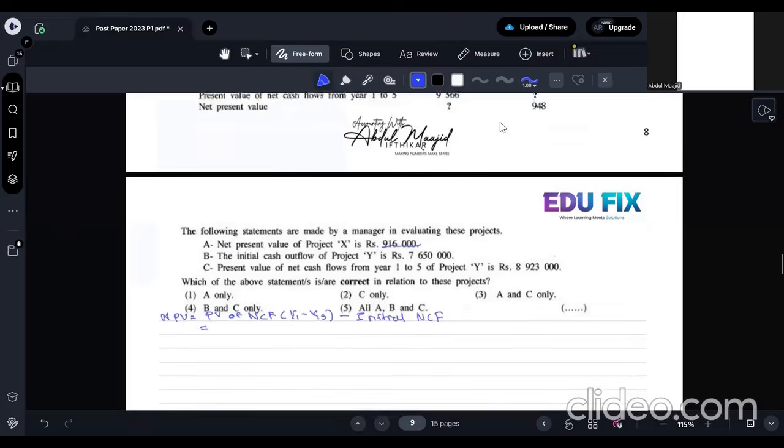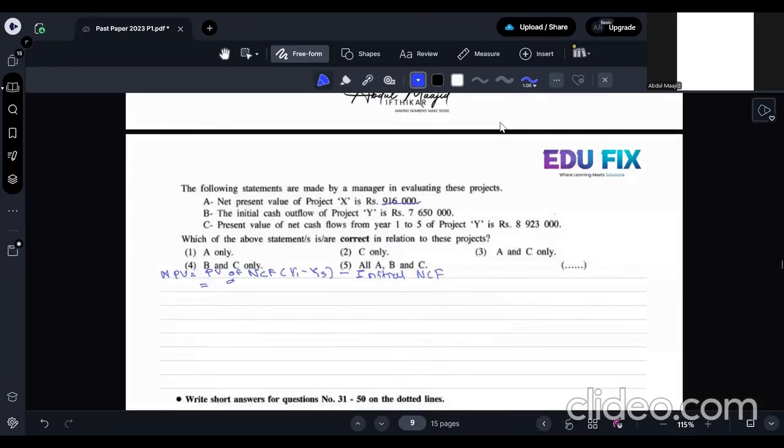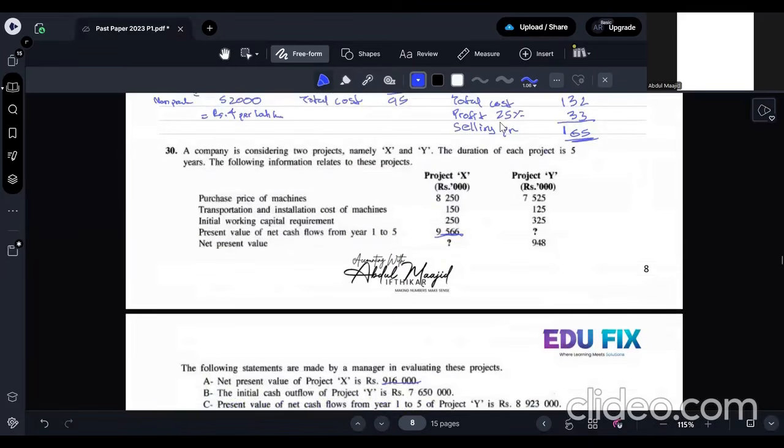Present value of net cash flow of year 1 to year 5 is given as 9,566 minus initial net cash flow, which will be purchase price of the machine plus transportation and installation cost of the machine plus initial working capital requirement.